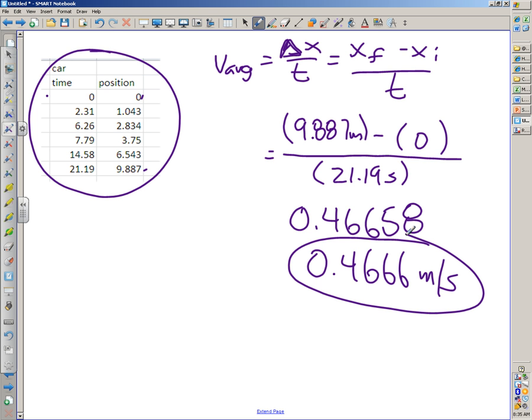But what does your grade point average not tell you? Does it tell you what you got in math? Does it tell you what you got in physical science? Does it tell you what you got in English? No. An average is a big picture. So the average velocity for this car was 0.4666 meters per second. But do we know what that car was doing at any particular point in time of its trip? Not really.